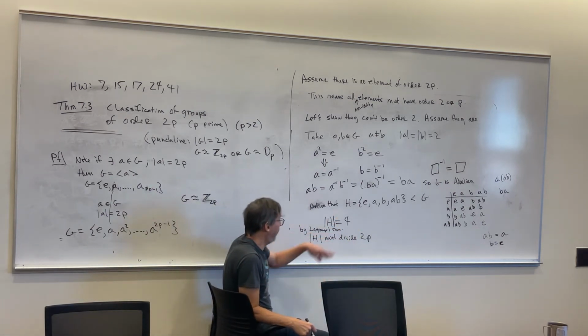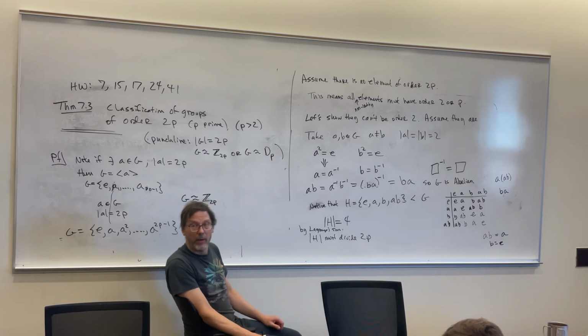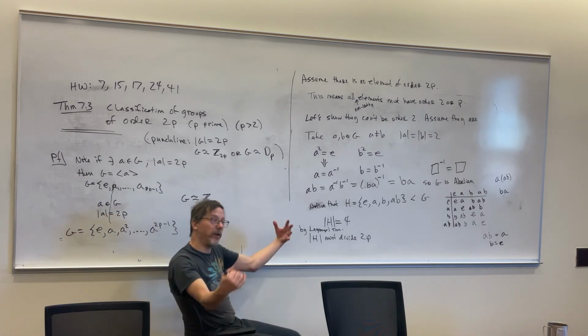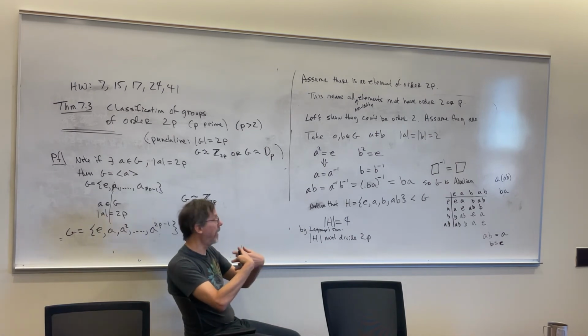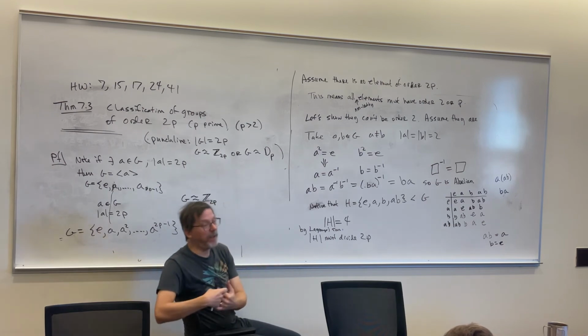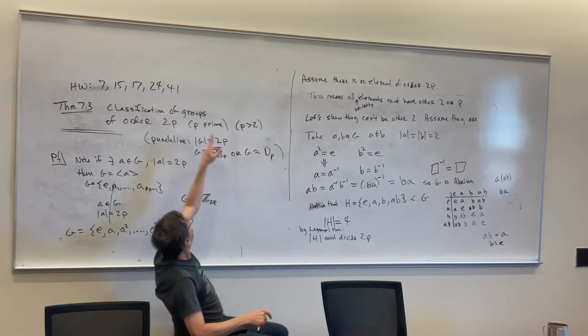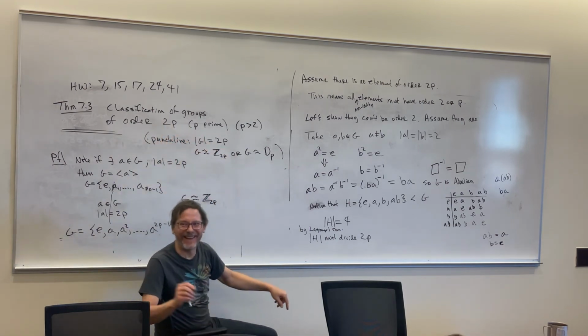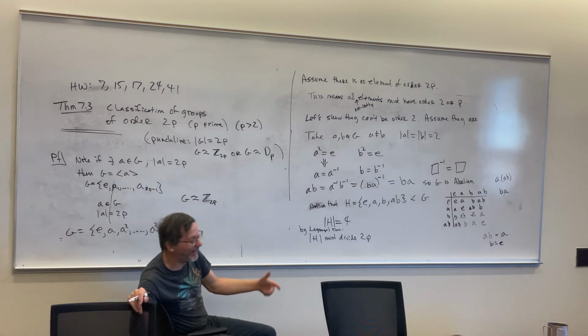Why is this broken? Where's the collision that just happened? Got a group of order 4. Why can't it divide 2p? Because it can't? Yeah, absolutely. I agree.